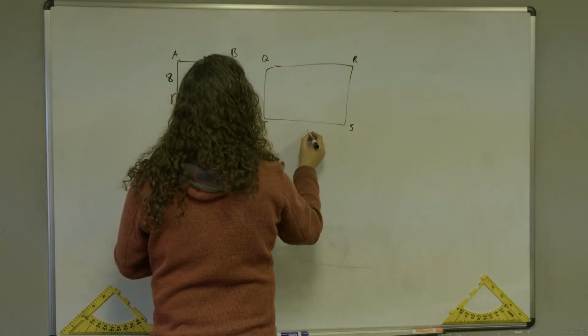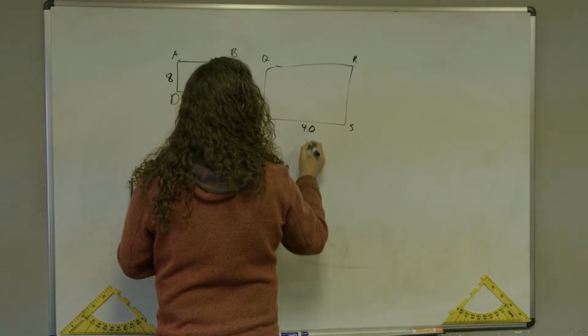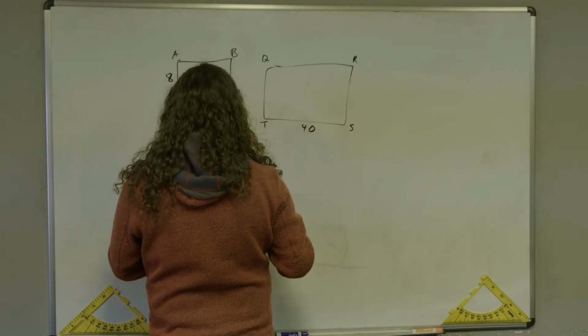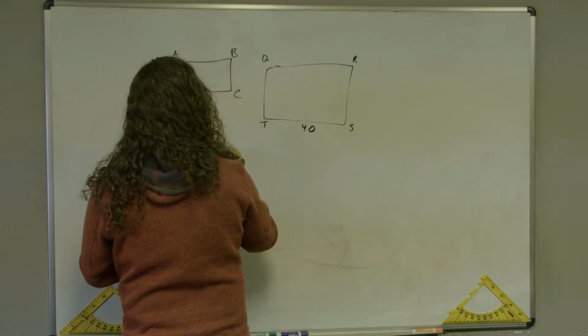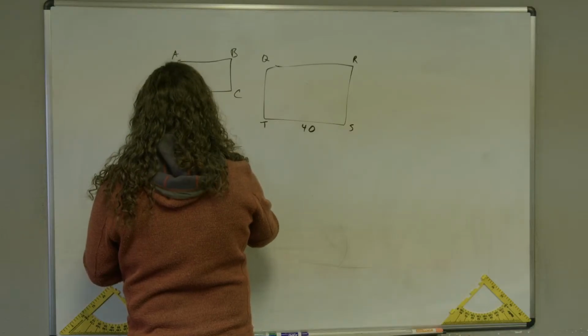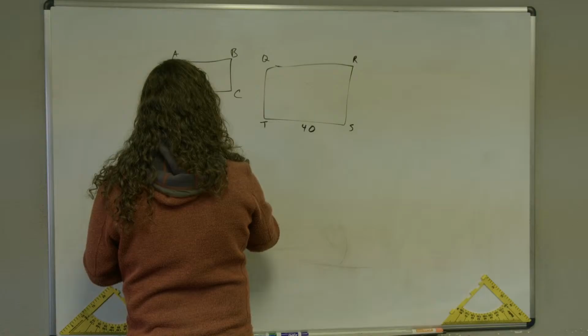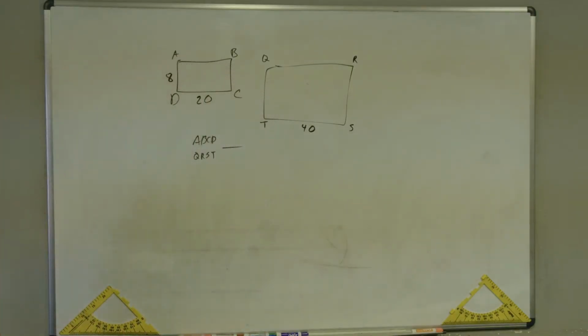It has a length of 40 yards. Find the scale factor of ABCD to QRST. So, what does scale factor mean in plain English?